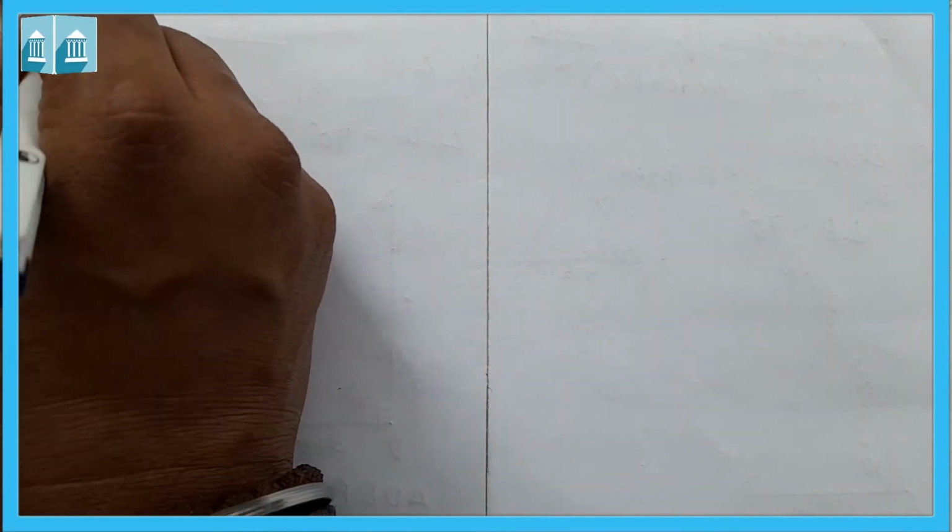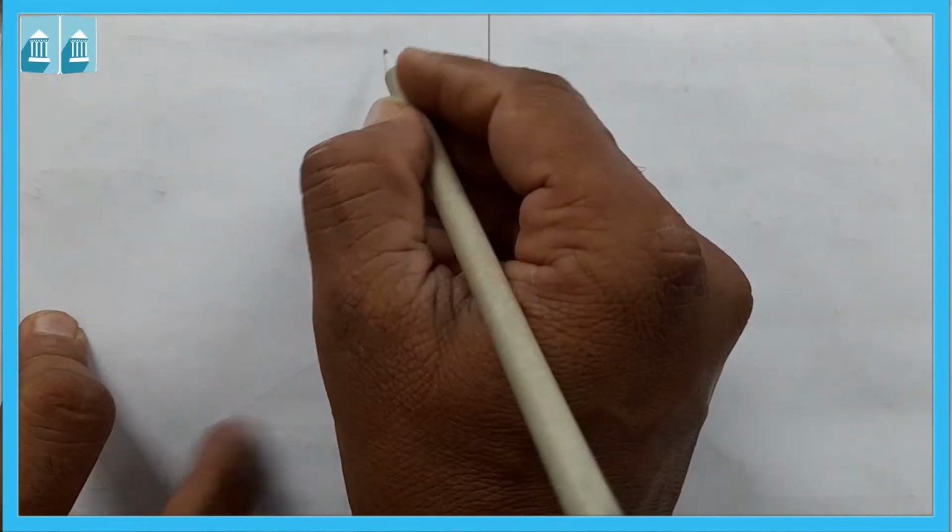Now let us see question number 2. Question number 2 is construct an isosceles triangle in which the length of each of its equal sides is 6.5 centimeter and the angle between them is 110 degree. Now first we have to draw one triangle like this.